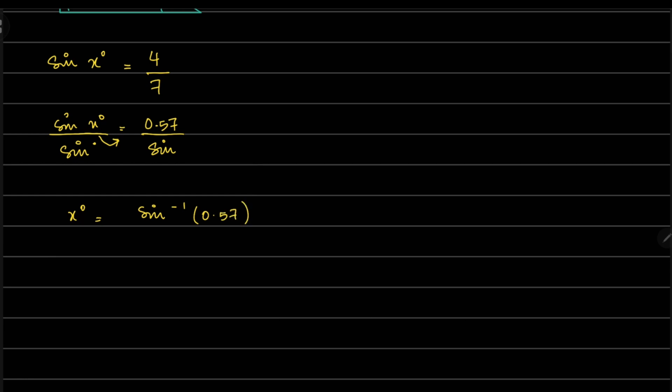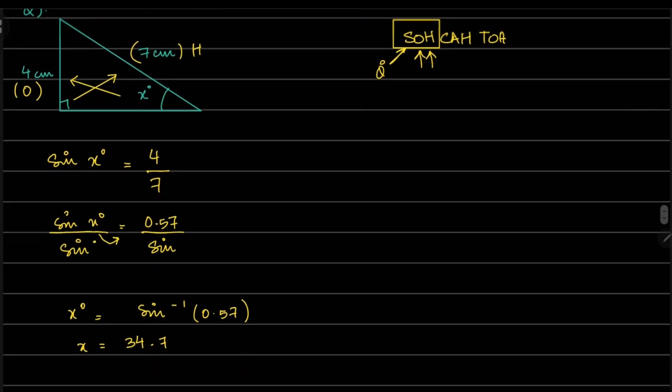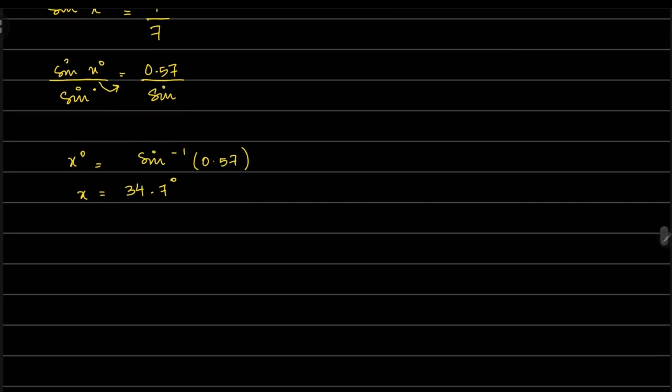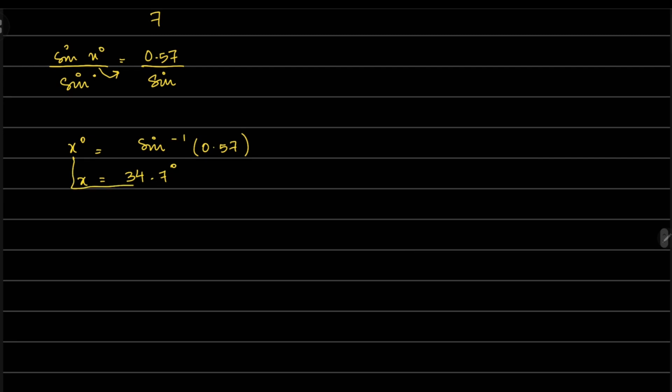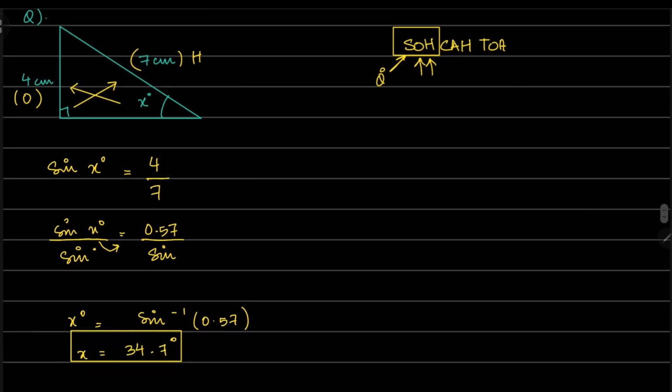It's going to give you 34.7, I would say, degrees. Okay, there you go. So the value of x is 34.7 degrees or 35 degrees.